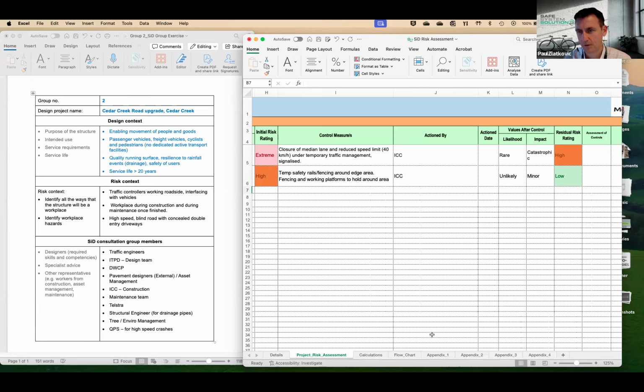So it looks as though that risk has been mitigated as far as reasonably practicable. So that is good.